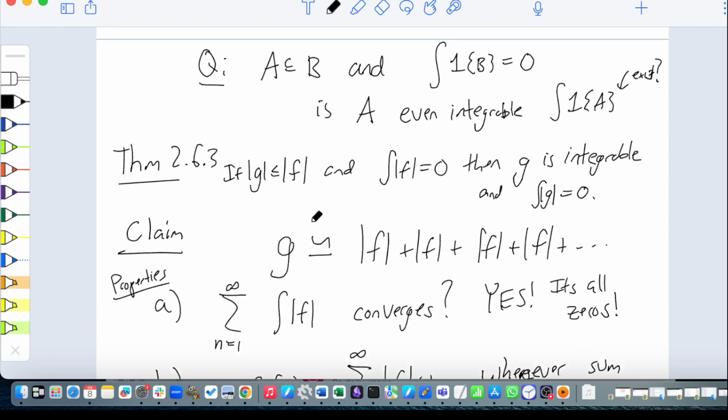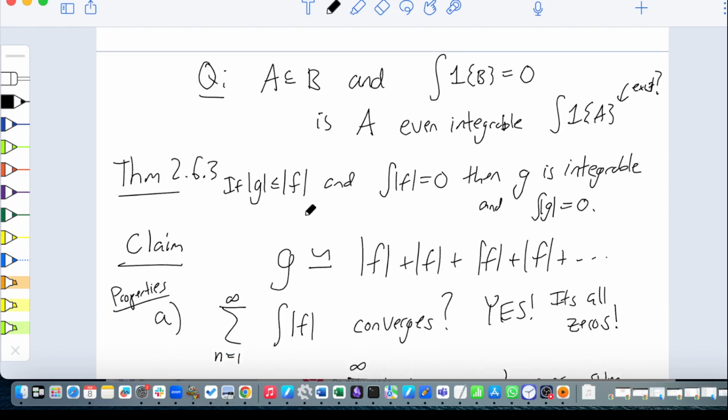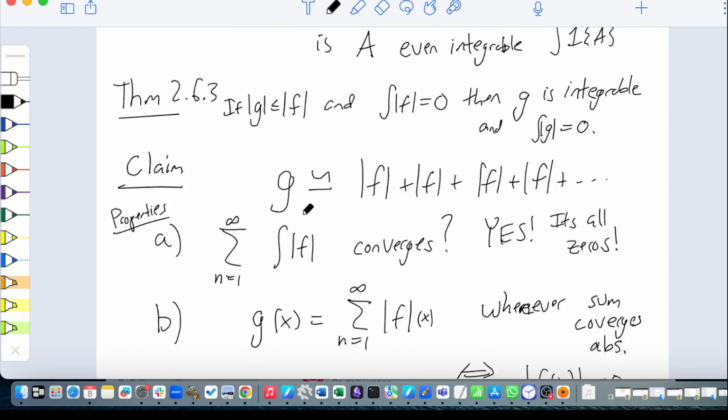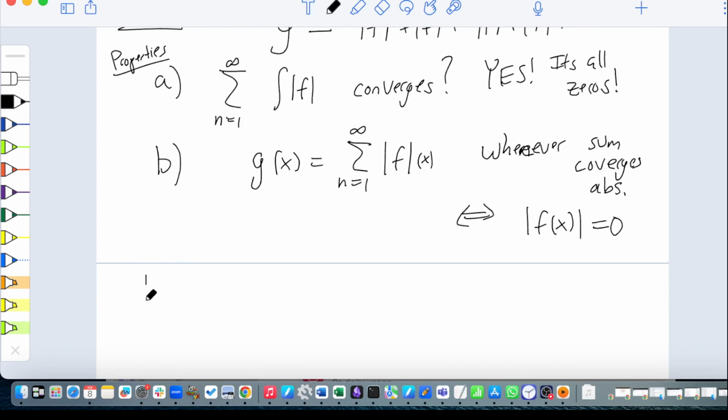Well, g is less than f. What numbers are less than 0? The only possible thing is that g was 0. And this is true since g of x equals 0 whenever the absolute value of f of x equals 0.